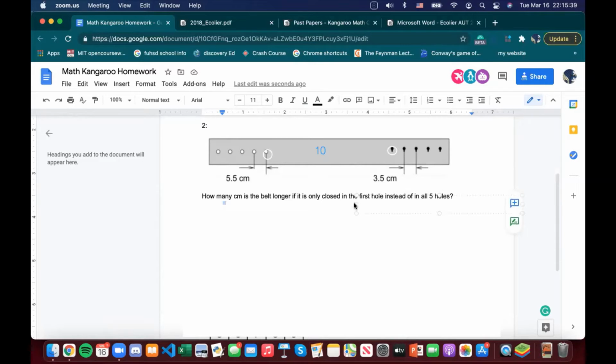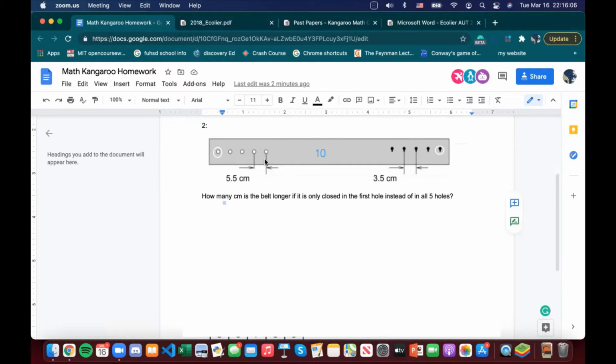If it's only closed in the first hole, that means if it made a loop, then only one hole would be covered up, which has to be the outsidemost. And we have to find the total distance. The center is equal to 10, between the 5th hole on the left and the first hole on the right.